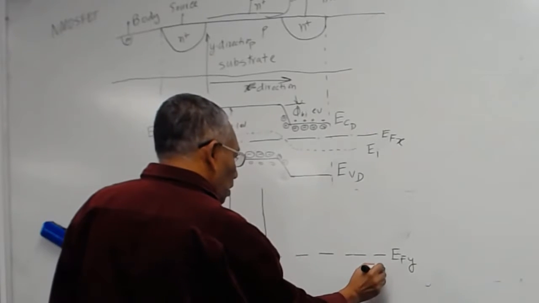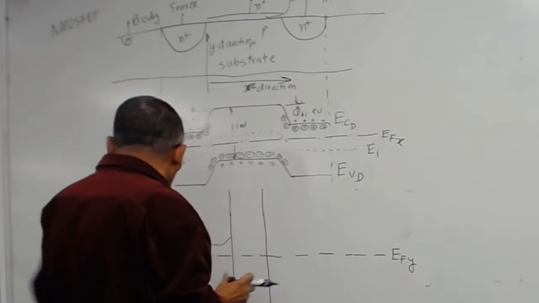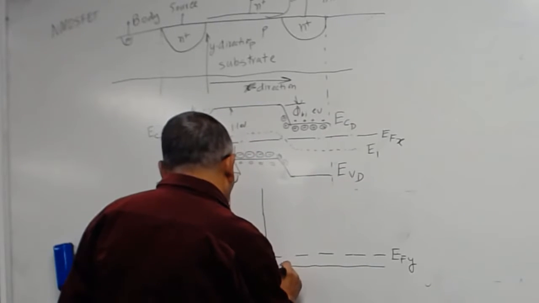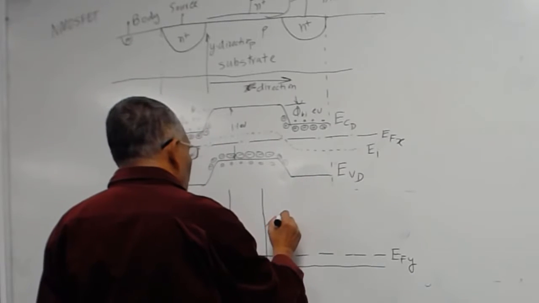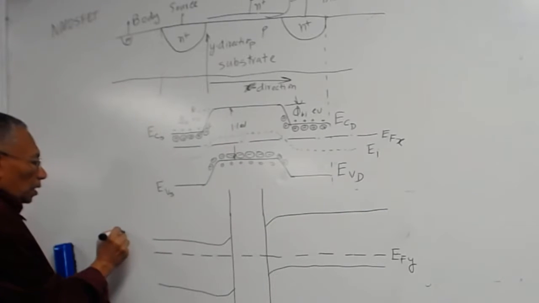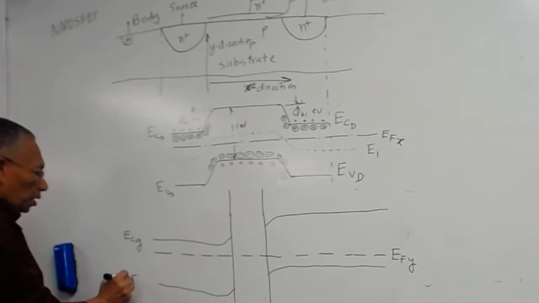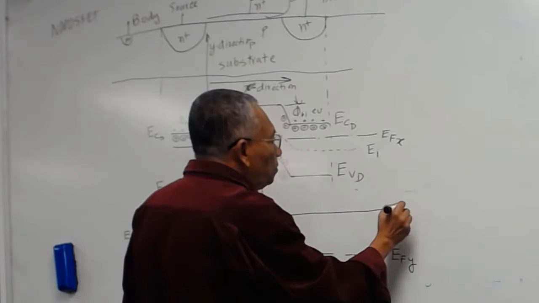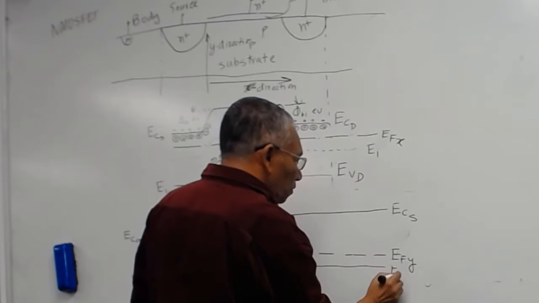So you can draw like this here. This is your E_C in the gate, this is your E_V in the gate, this is your E_C in the substrate, this is your E_V in the substrate.